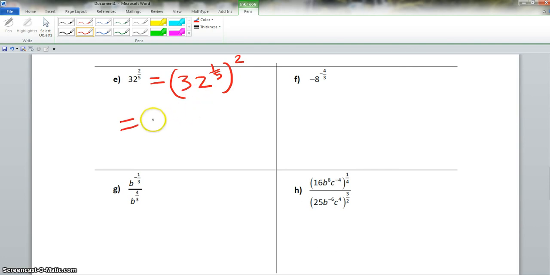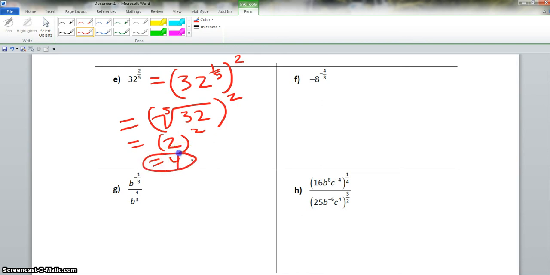So now we will have the 5th root of 32, and that will be squared. The 5th root of 32 is 2, and we will have 2 squared, which is 4. And that's our final answer for E.